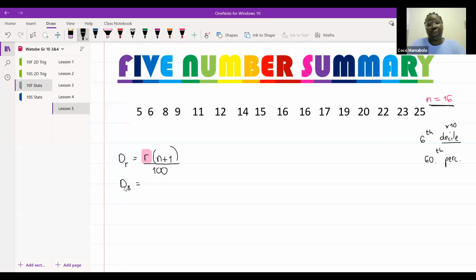What we're actually saying is somebody in the class got 5 out of 25, somebody else got 6 out of 25, somebody else got 8 out of 25. So these are marks that people actually got out of 25. So now if you got 21 out of 25, you did better than 80% of the class.